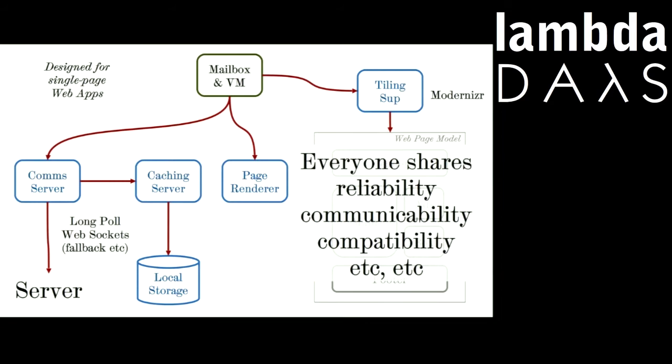The idea is that you would just simply have JavaScript libraries that would do the mailbox, the tiling, the page rendering, and then all your caching for local storage and your communication to the back end, and also the library that sits on top of Cowboy on the server side that receives these messages. Because you really just want to be able to say, send a message to the main page of Gordon Guthrie, and it will find my browser and tell it to just receive a message. So that's the sort of architecture and approach.